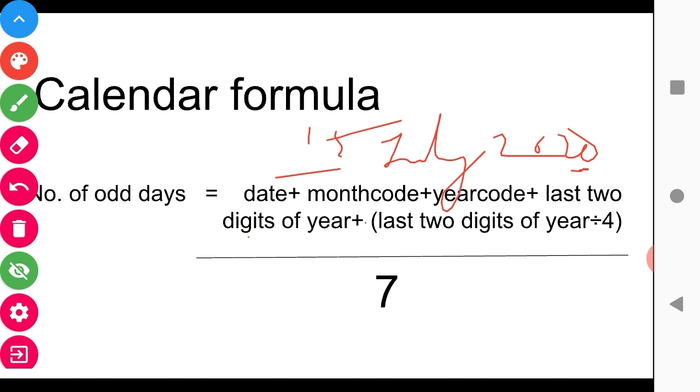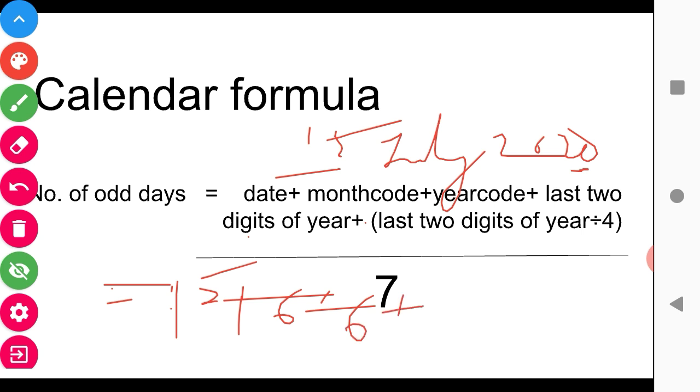So the date is 15. The month code here is 6. The year code is also 6.